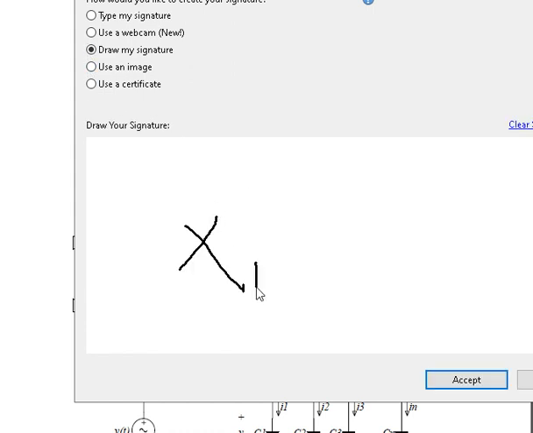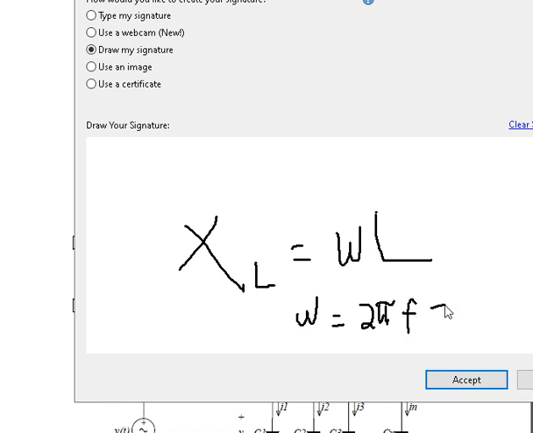For the inductor, XL equals omega L, where L is the inductance and omega equals 2 pi f, or also 2 pi over the period T. So this is our equivalent reactance.